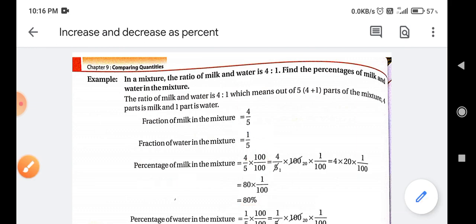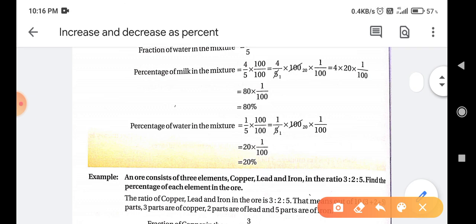Then percentage of water in the mixture: we will do the same process. Fraction of water is 1 by 5, so we multiply it by 100%. 1 by 5 multiplied by 100% is equal to 20%. So the percentage of milk is 80% and 20% is water.